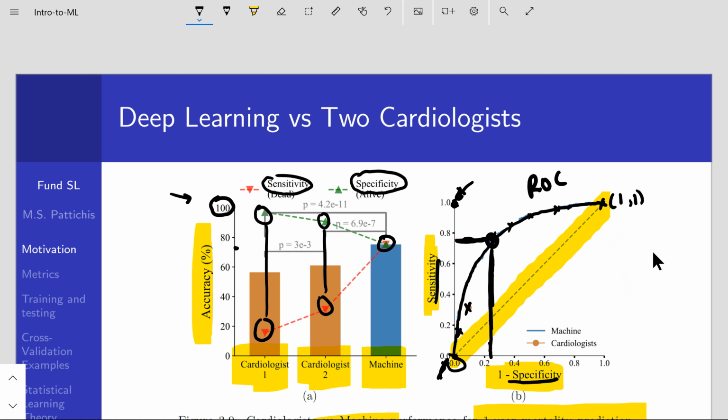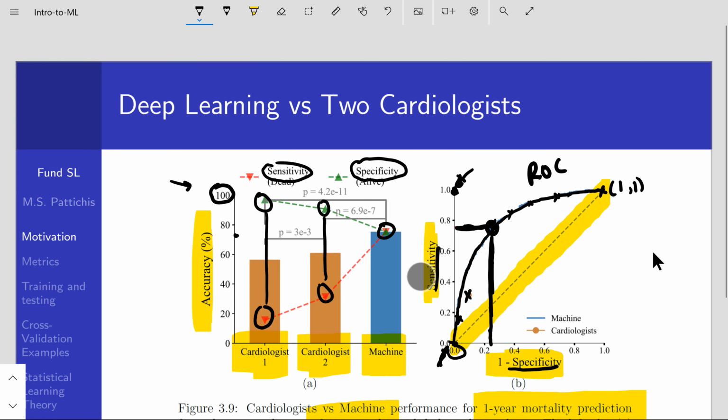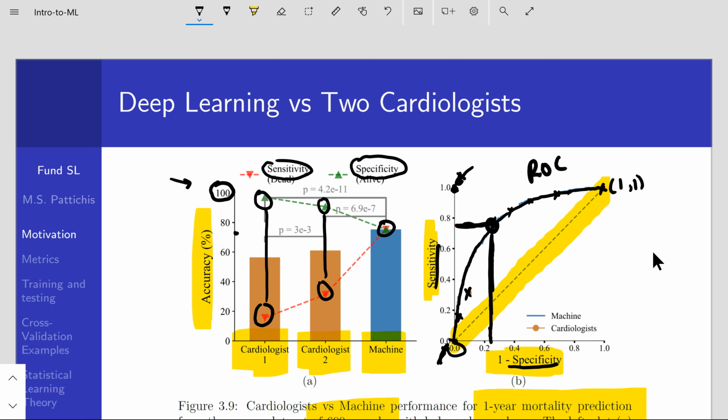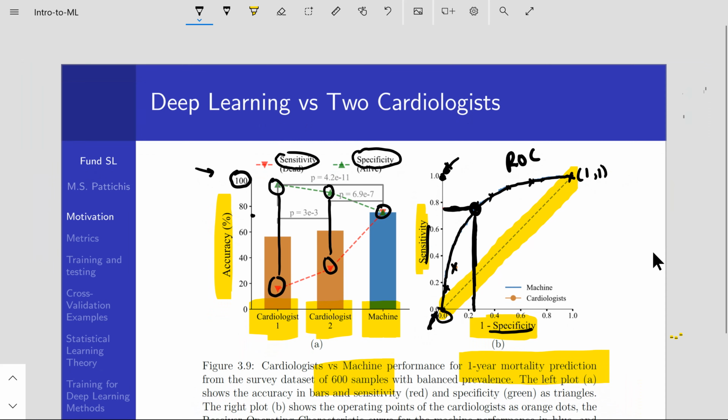Whereas in the machine, in this example, it's far more balanced, right? You get pretty much the same accuracy for sensitivity and specificity, and as we shall see later, this wide gap comes from a natural human tendency to be positive, right? If you're more positive than you are negative, then what's going to happen is that you'll tell people that they're most likely to do well versus not in this example.